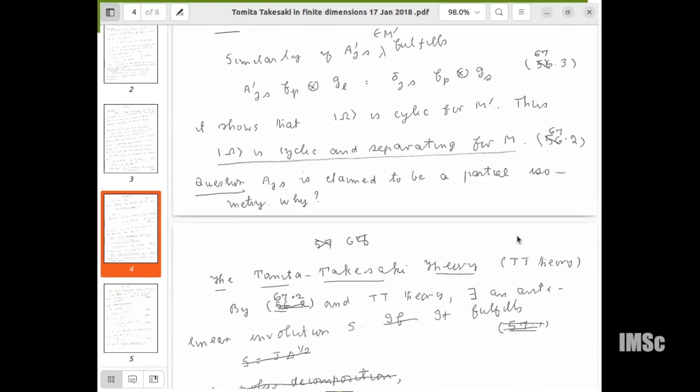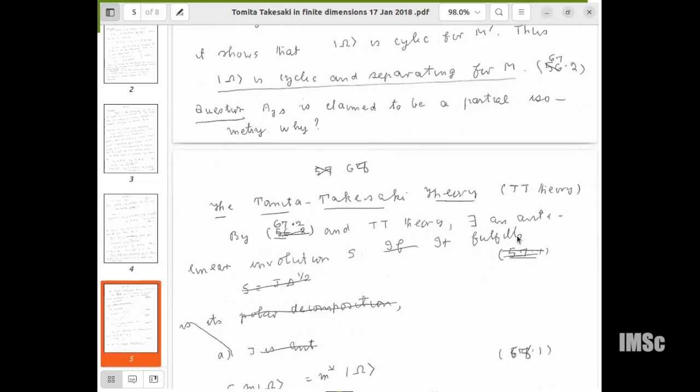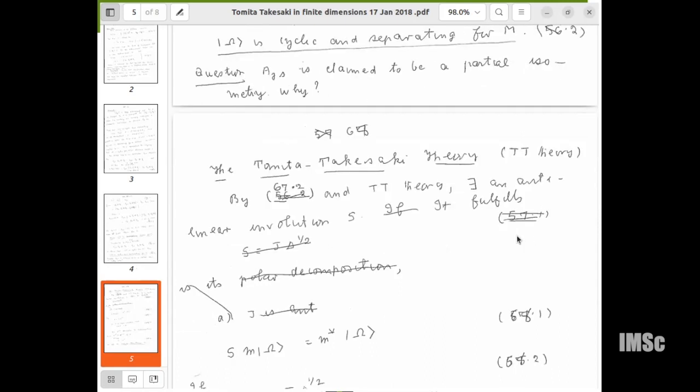Then comes this theorem of Tomita-Takesaki, and this is the central theorem, which actually happens to be correct also in infinite dimensions. That is quite non-trivial, and I'll prove the theorem in finite dimensions.